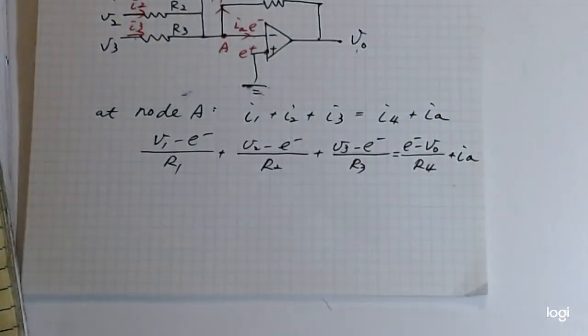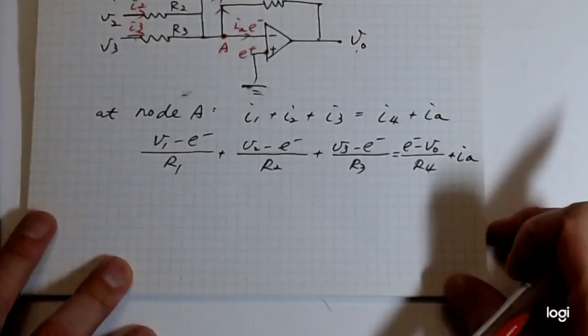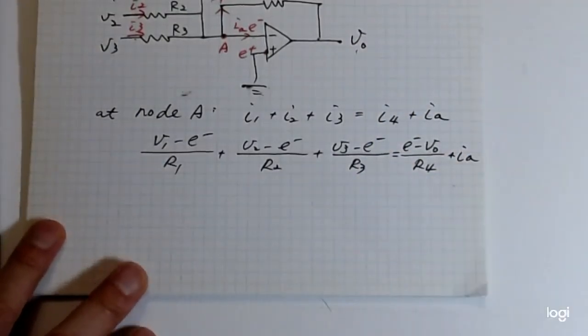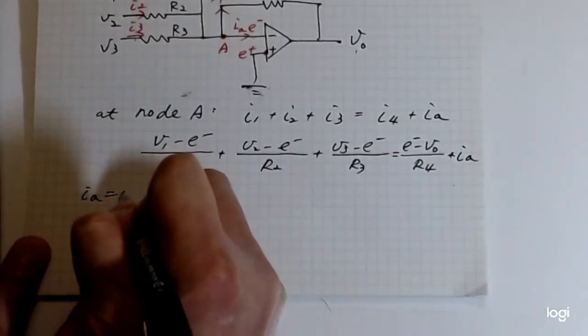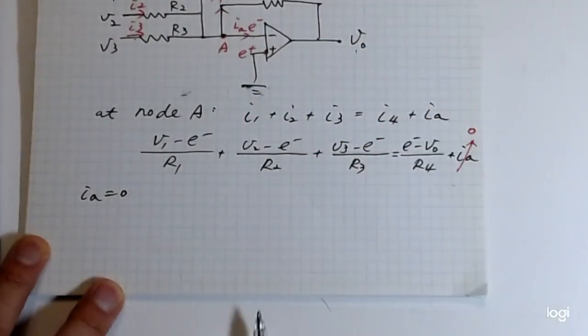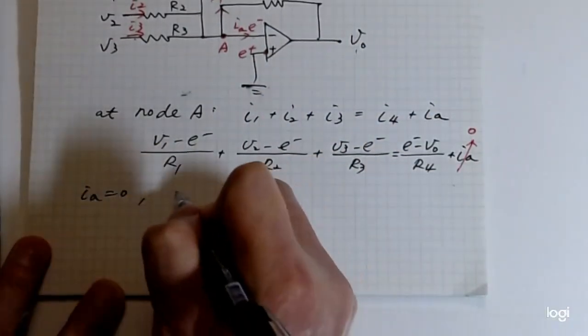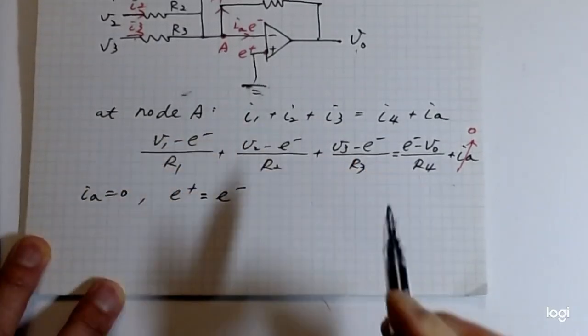Now let's apply the two principles of analyzing op-amp circuits. IA equals 0, so this one goes away.